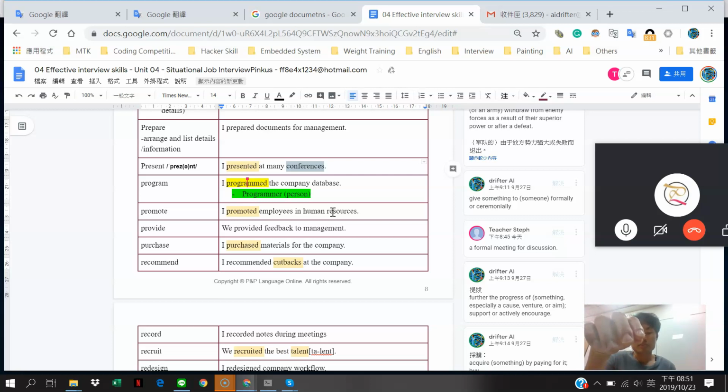So program could be a verb or it could be a noun. When we use it as a noun, it's a program. When we use it for television, we say we choose one program, and actually there are a lot of programs on television, and you can choose the program you like.